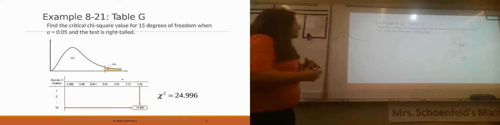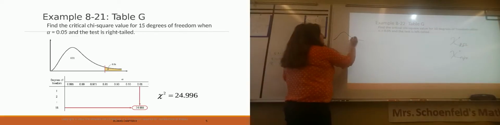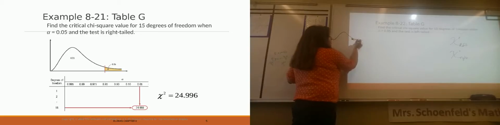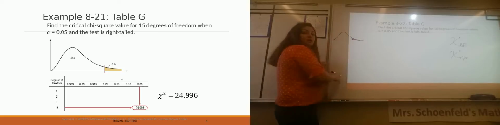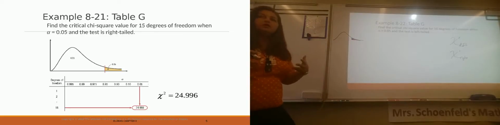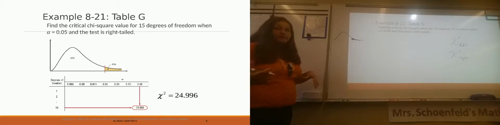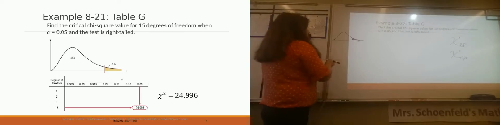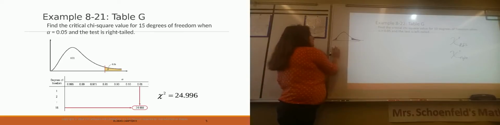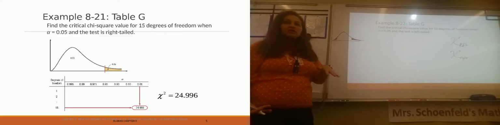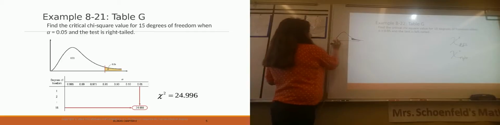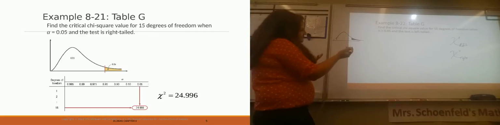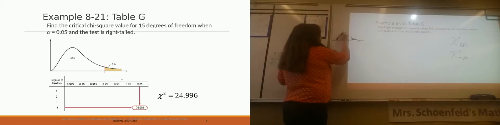Okay, so when you look at the picture in the book, it looks like this, even at the bottom of the chart. So make sure you're able to read what's actually happening at the bottom of the chart. It kind of shows an example. A left-tailed test means I really want this value, but that's not what the book actually has. So in order to find that, I have to find this total area.